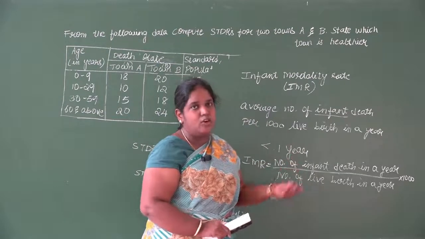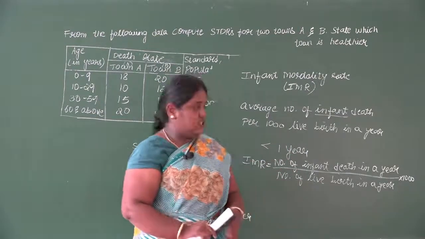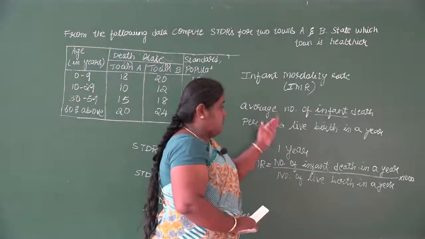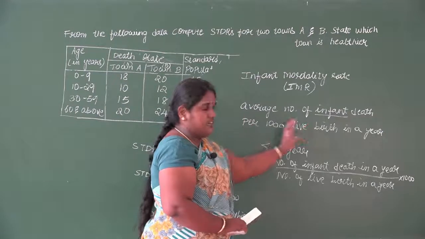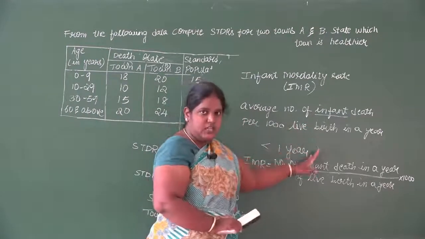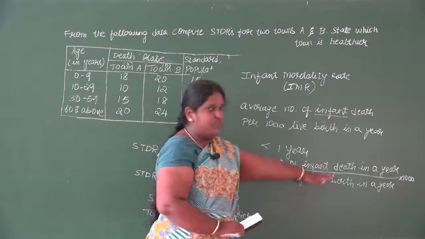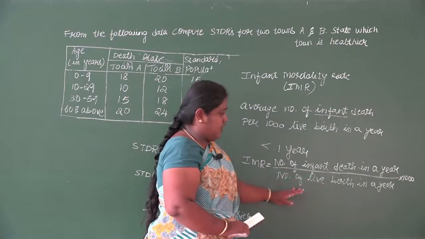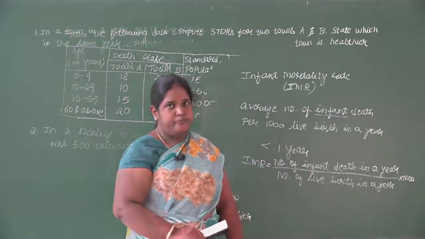If the definition is asked, write: average number of infant deaths per 1,000 live births in a year. If the formula is asked, write: number of infant deaths in a year divided by number of live births in a year into 1,000.